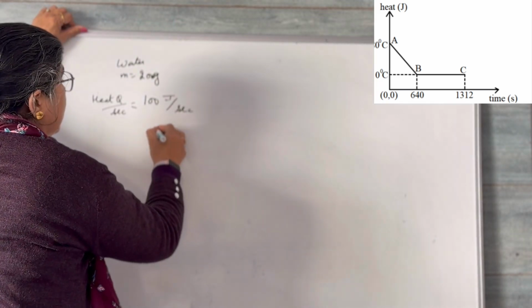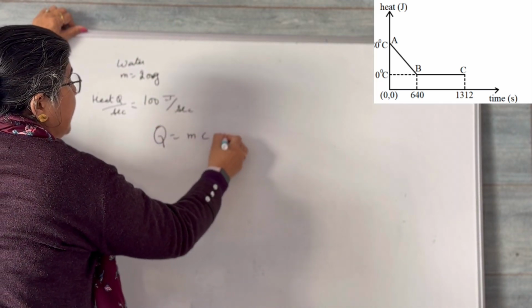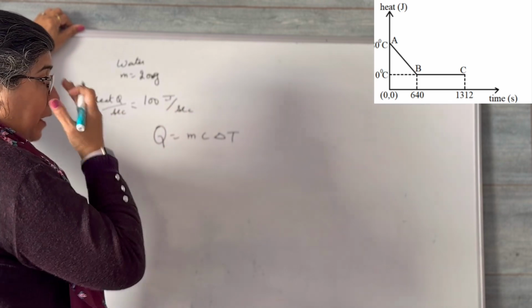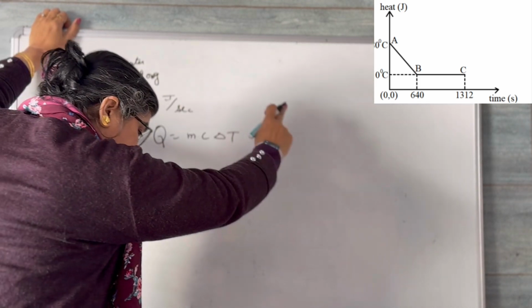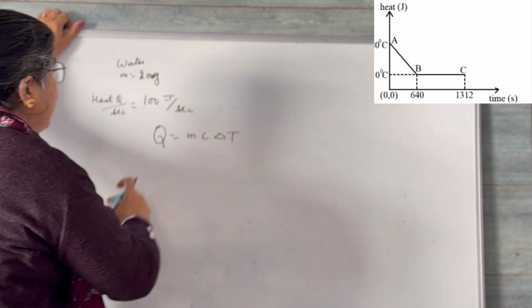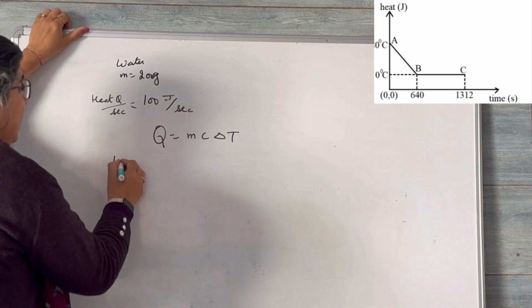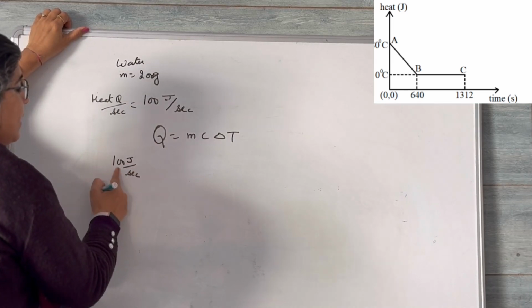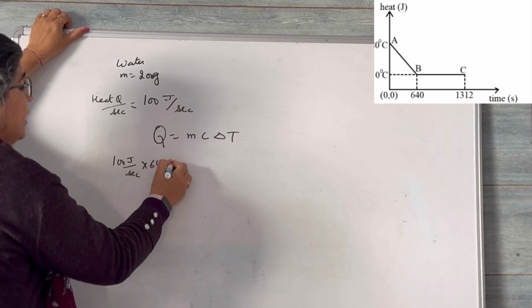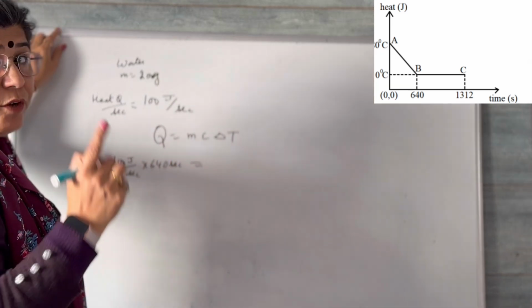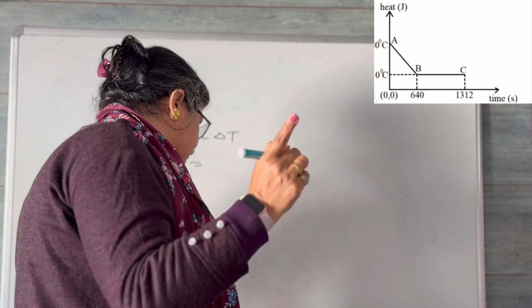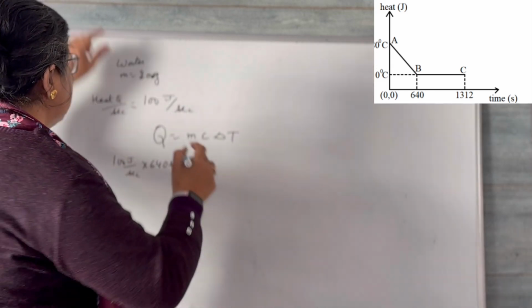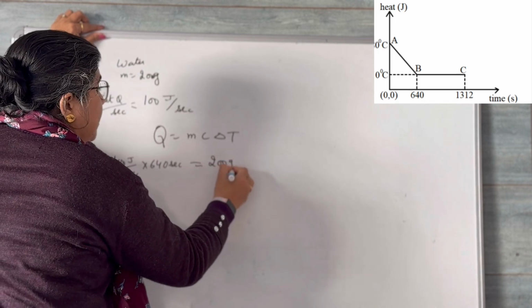You know heat is mc delta T. Now how much heat? Look at the graph from 0 seconds to 640 seconds. So heat will be 100 joules in 1 second into 640 seconds. From the graph, you can see heat was supplied for 640 seconds. And the mass was 200 grams.